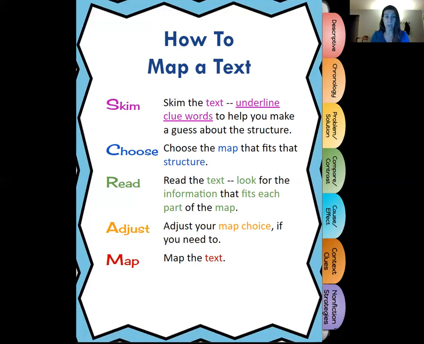Then after doing that, you should move forward and map the text. The point of mapping your text is to help you find the main idea of what you're reading and those supporting details.